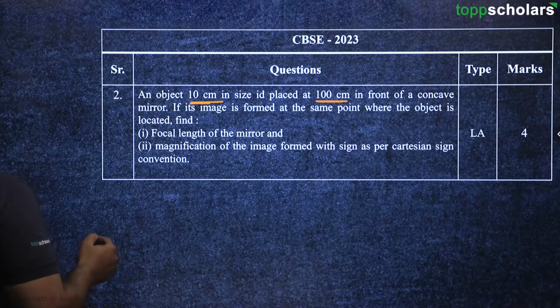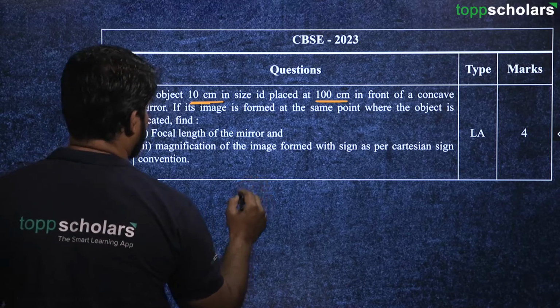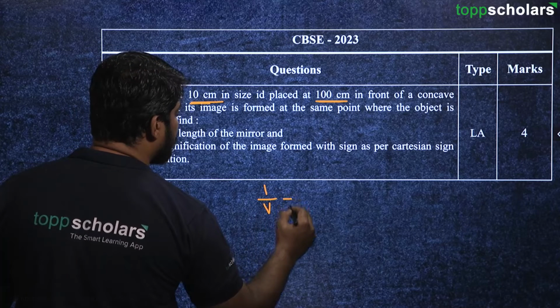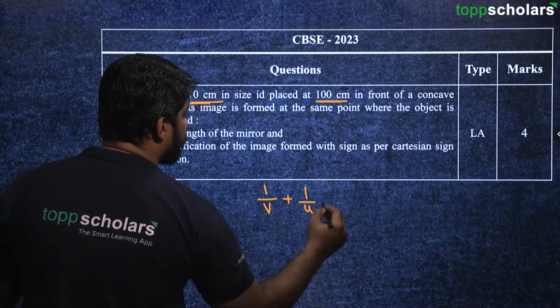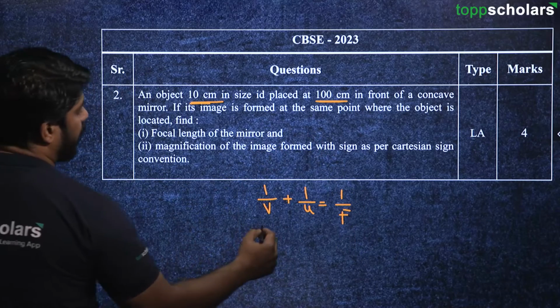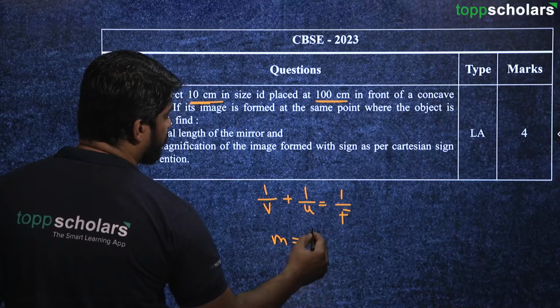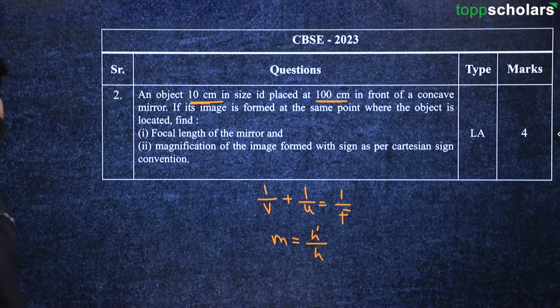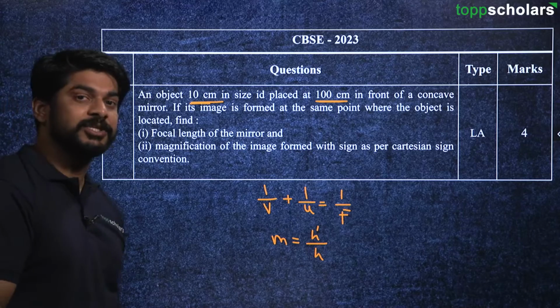Again it is a very simple question. We just have to use the mirror formula, 1/v + 1/u = 1/f. Using this formula and the formula of magnification, which is image height upon object height, we can easily solve this particular question.